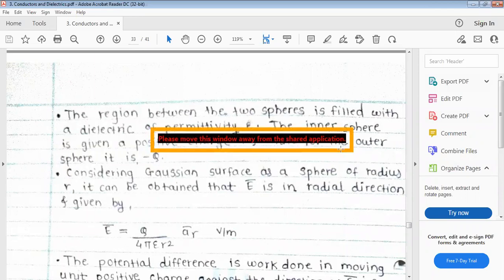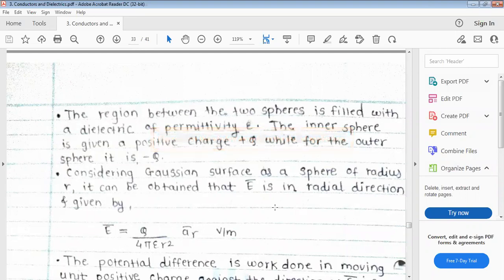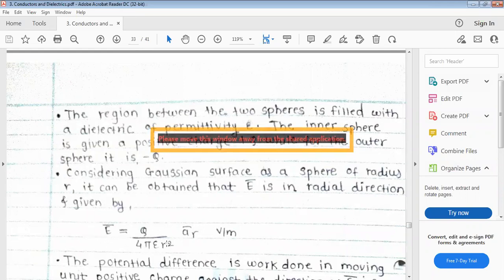When we consider one more charge, the test charge, and move it around the first charge, it experiences some force with some intensity, and according to that we obtain the formula of E bar. So E bar is equal to Q upon 4 pi epsilon 0 R square into a bar R. This is the basic formula. I think everybody knows this at least.